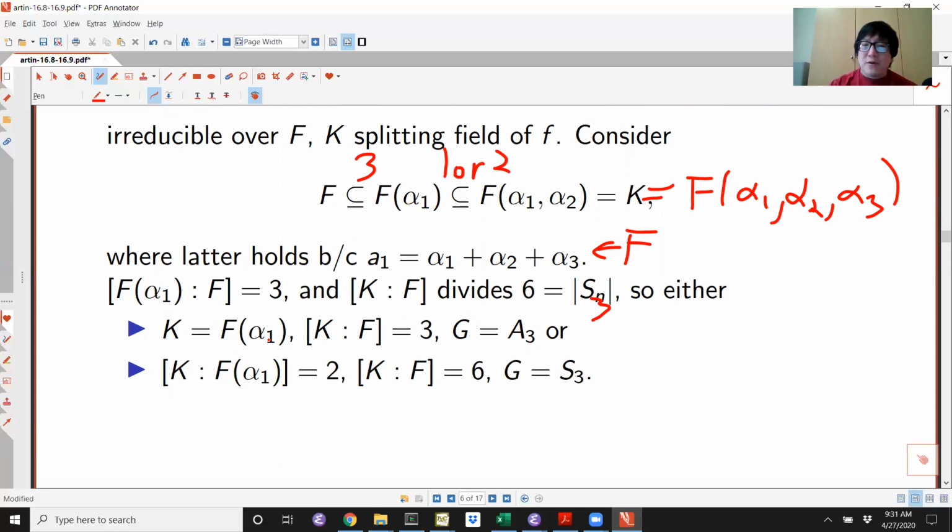Those are the only possibilities. Either this degree over here is 1 and K is equal to F adjoin alpha 1, which means that the group G must be equal to A3, or this degree is 2, which means that the degree of K over F is 6, and G must be equal to S3.